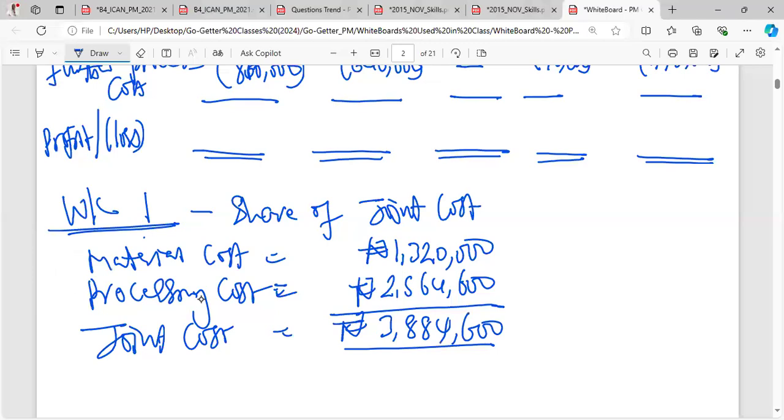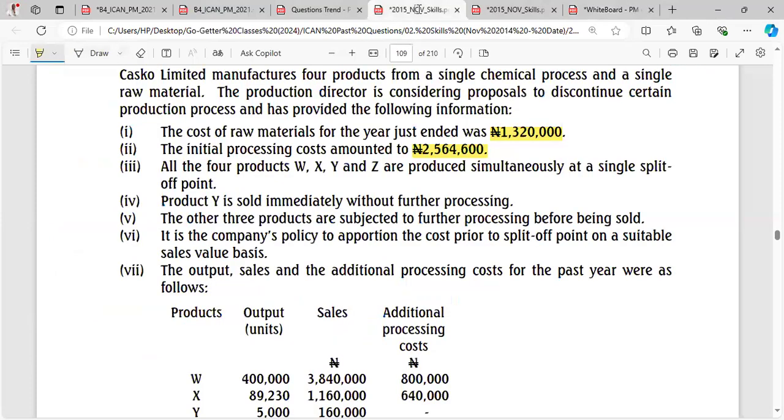But there is a thing here. They said the company is to apportion the cost prior to the split off point on a suitable sales value basis. What do they mean?